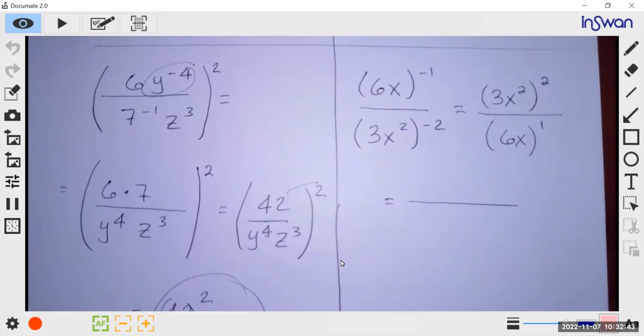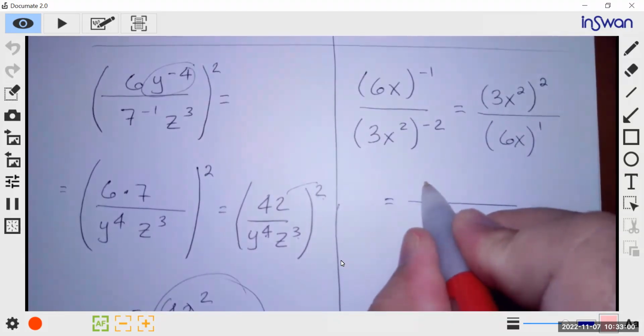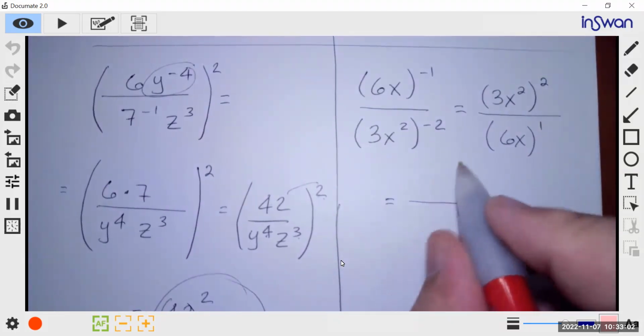What happens on the bottom? So tell me what to write.